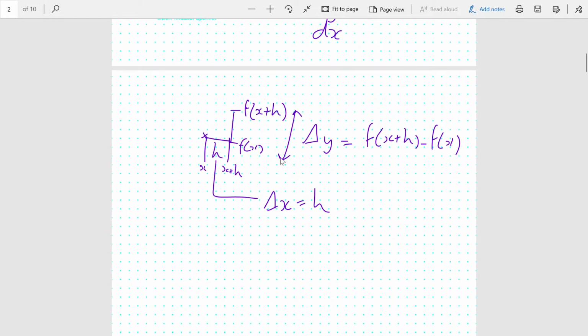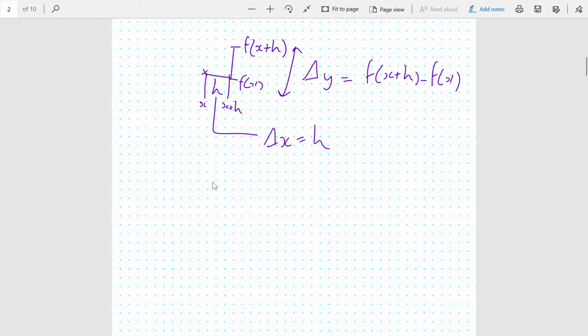What you're really doing here is making h so infinitely small that delta becomes a lowercase d in both cases to get the differential. And the way this is written out is, you might have seen lim h to 0 somewhere.